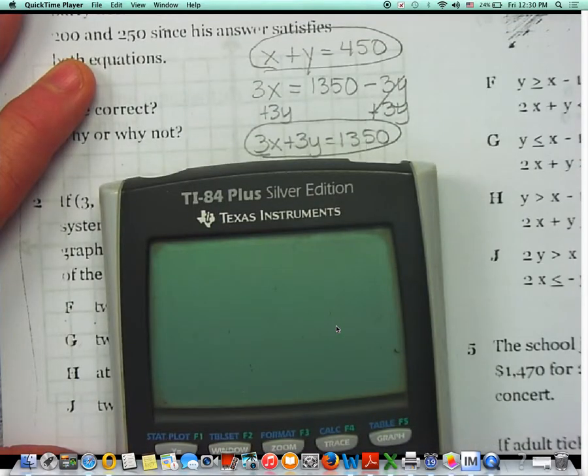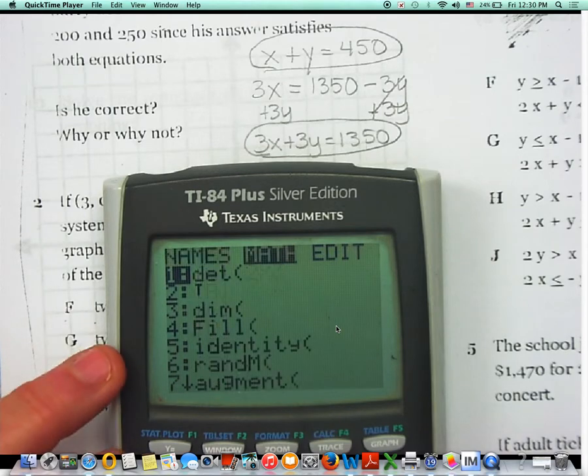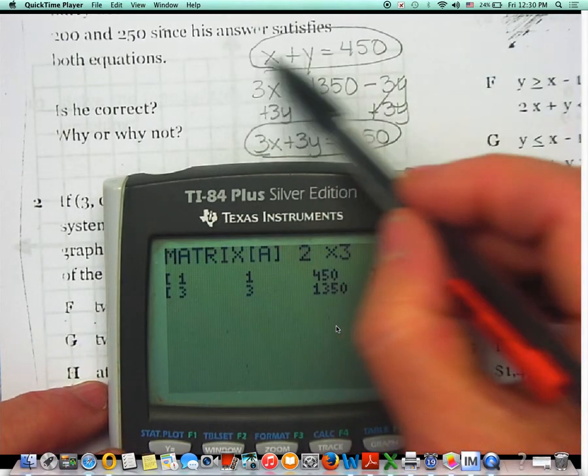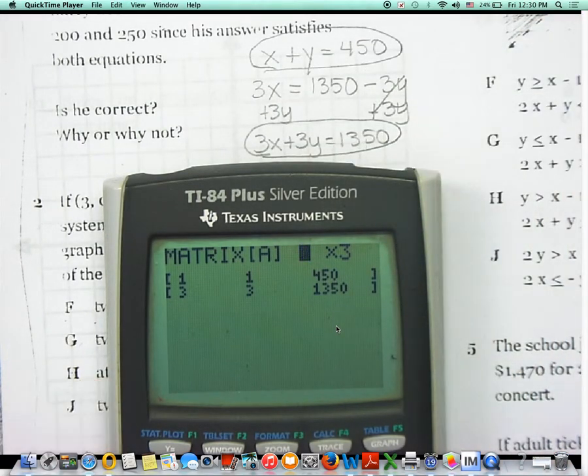Okay, so I'm going to do second matrix, edit. And this is a 2 by 3 because there are 2 rows and 3 columns. Okay, so 2 by 3. Then I'll enter 1, 1, 450, and then 3, 3, 1350.